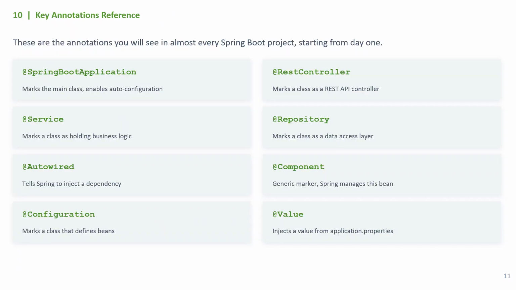Before we wrap up, let's go through some annotations you are going to see constantly once you start working with Spring Boot. @SpringBootApplication marks your main class and enables auto configuration. @RestController marks a class as a REST API controller. @Service marks a class as holding your business logic. @Repository marks a class as your data access layer, the part that talks to the database. @Autowired tells Spring to inject a dependency into a class. @Component is a more generic marker that tells Spring to manage this class as a bean. @Configuration marks a class that defines beans manually.